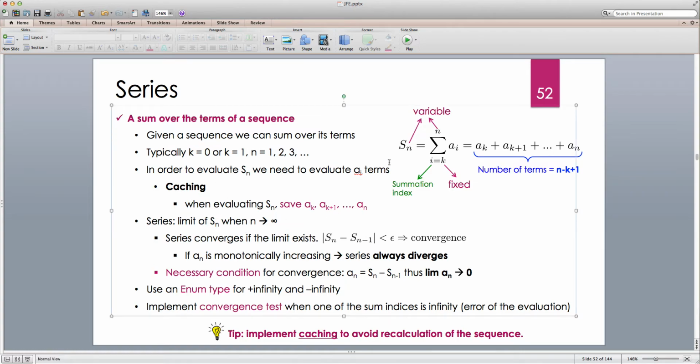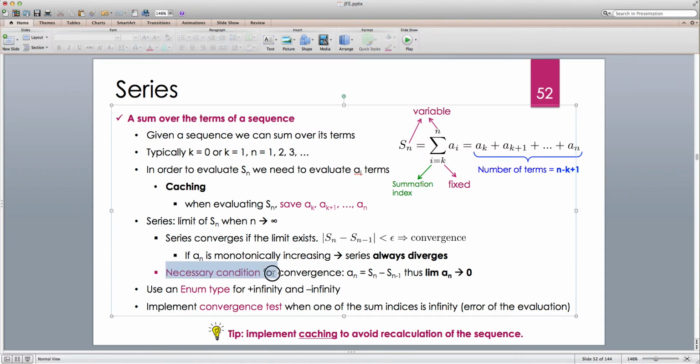And then we said that okay, this partial sum is another sequence, so we can ask what is its limit, and the limit of this partial sum is called a series. So series is the limit of a sequence, which is generated by summing another sequence over some finite number of terms. All right, and then the limit exists if the difference between two consecutive terms gets smaller and smaller as n gets bigger and bigger.